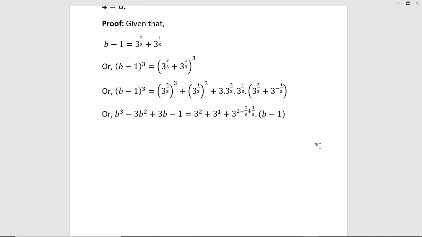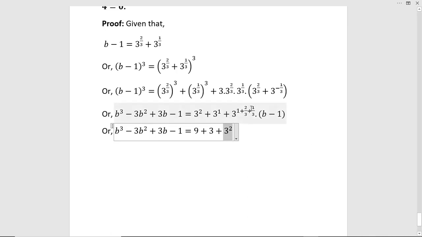This is what we have here. And then b cube minus 3b square plus 3b minus 1 equals 3 square, equals 9, 3 to the power 1, so 3 to the power 1 plus 2 by 3 plus 1 by 3. If we add the terms, then we will get 2, then b minus 1. So now we have to just simplify this.